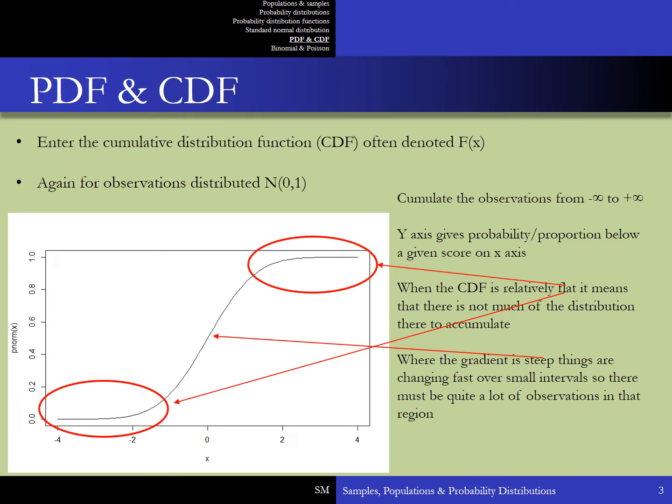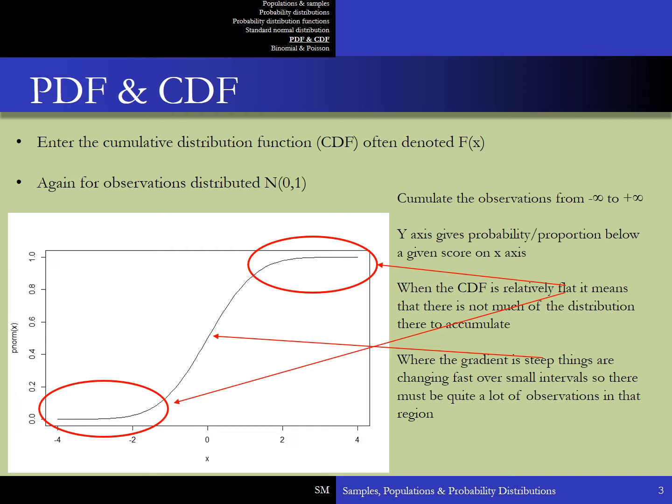Now at this point we have to bring in the cumulative distribution function, or CDF. This is often denoted capital F of x. Again, let's look at an example for a normally distributed variable with mean of 0 and variance of 1.